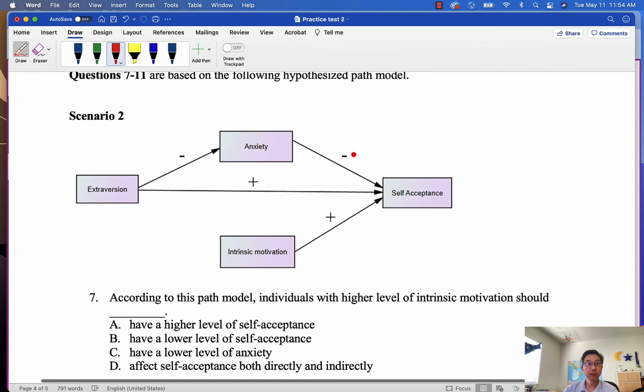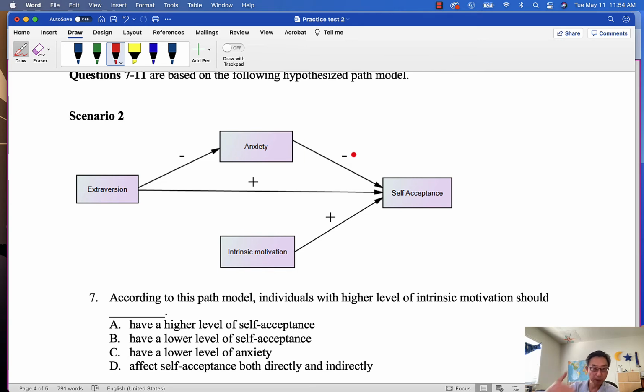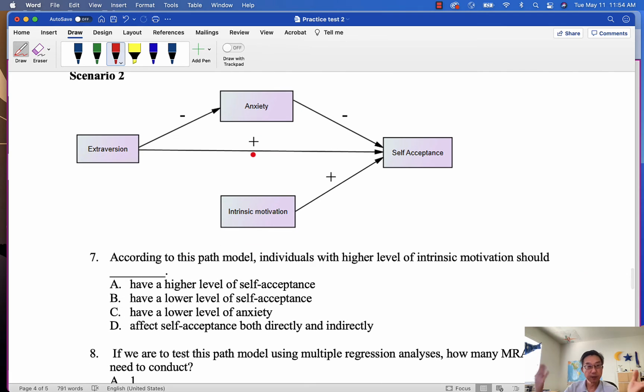This is the direction of the relationship, right? So extroversion is expected to be negatively related, to negatively impact anxiety. It means if you are more extroverted, people tend to have less anxiety. So the plus and minus sign indicates the predicted direction of the relationship.